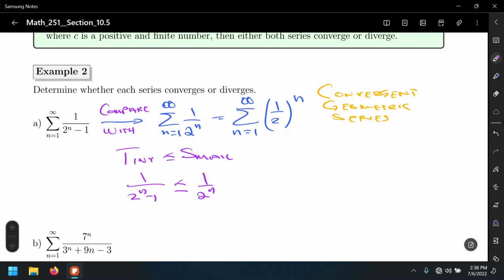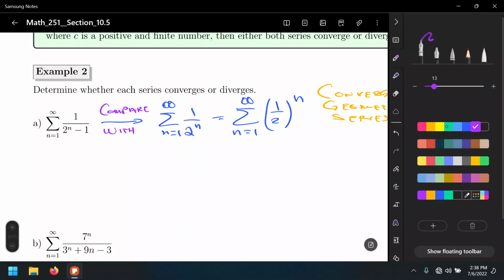No, right? The test would fail. So in this case, we're going to use the limit comparison test instead, as a way around this issue. Direct comparison failed. Let's set up a limit comparison then.